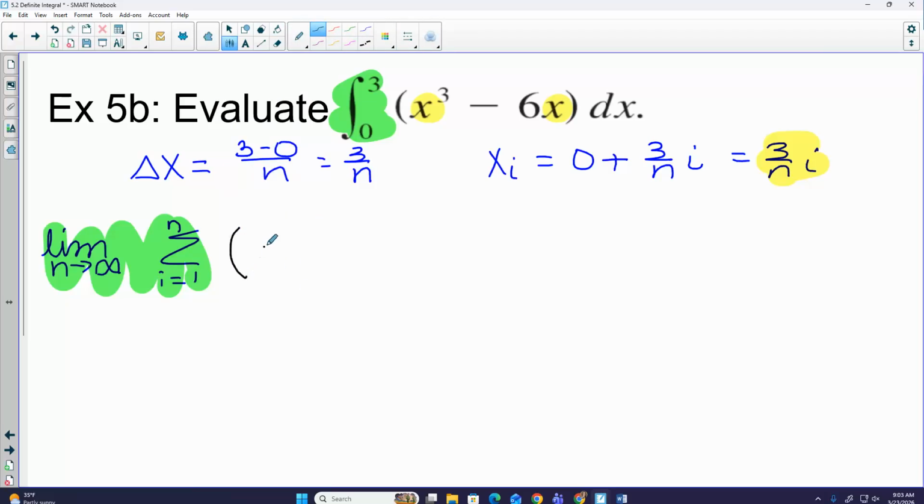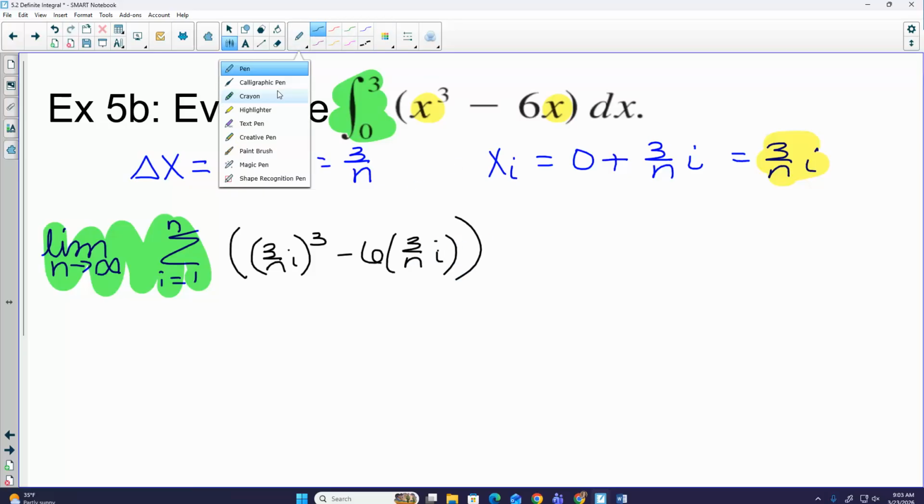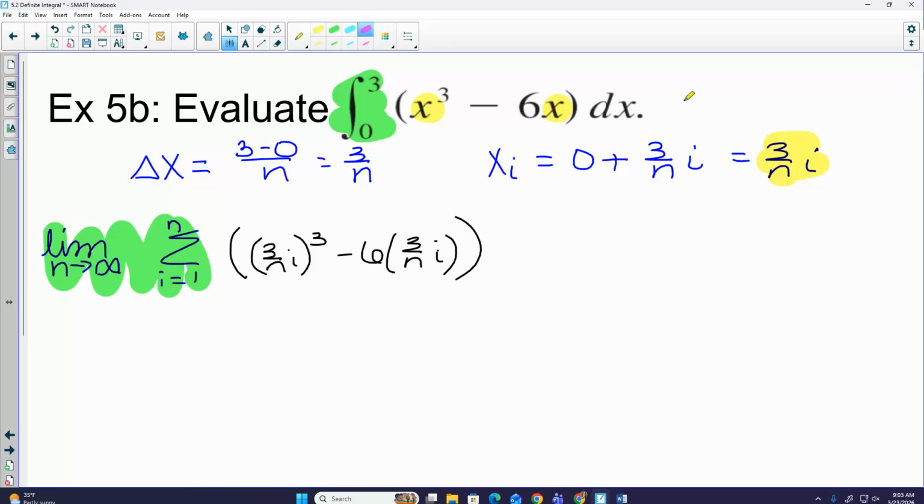So that's 3 over n i cubed minus 6 times 3 over n i. And what do we do about this dx? What do we replace it with? Remember, that's how we went back and forth between the integral and the limit of the sum.